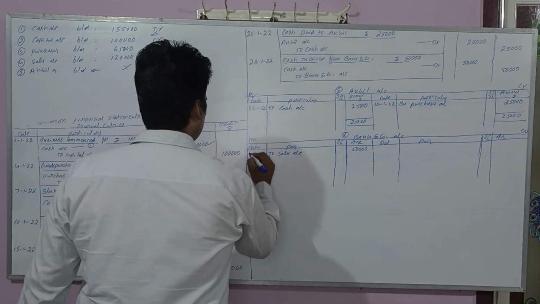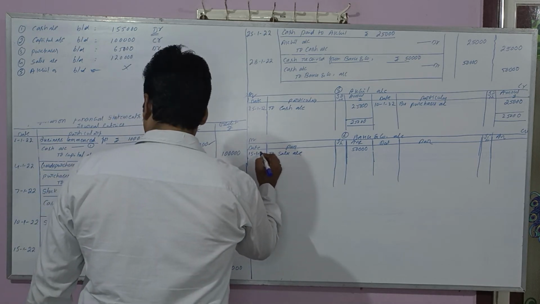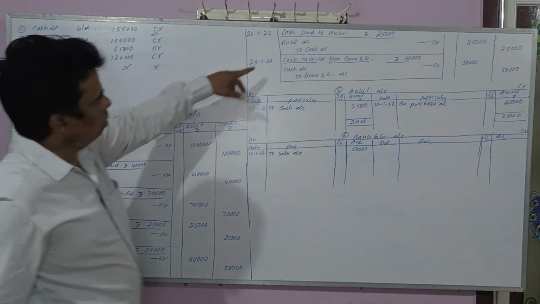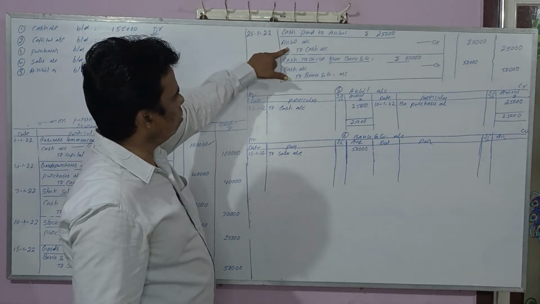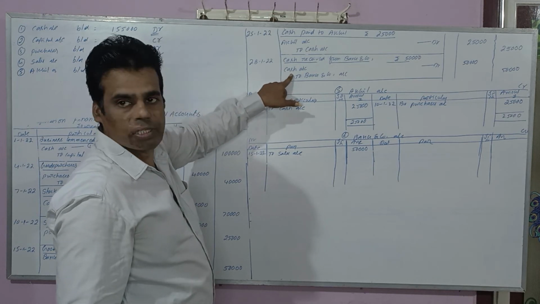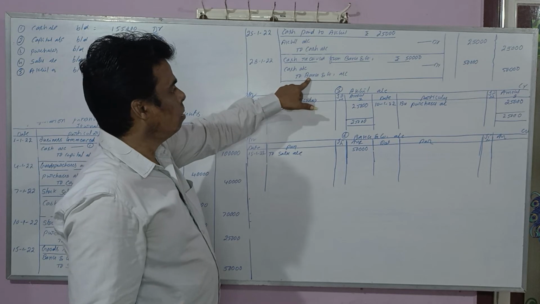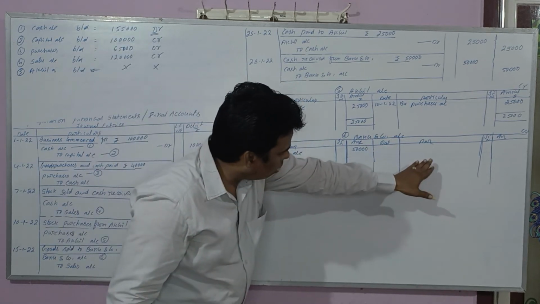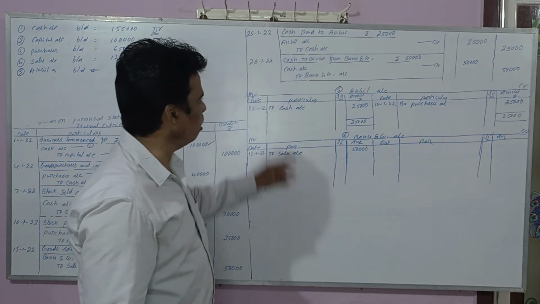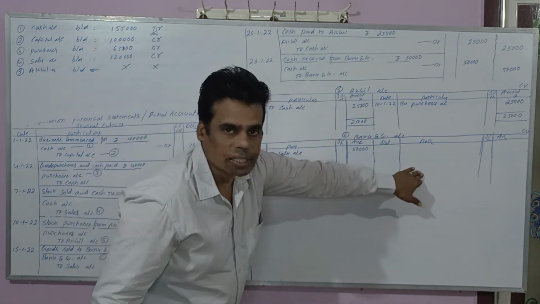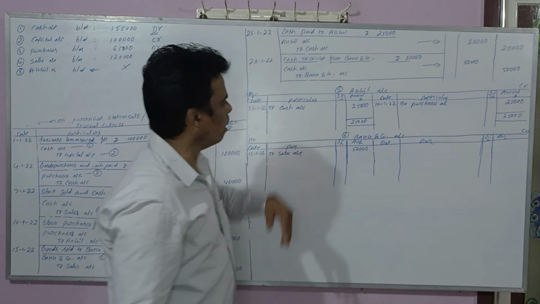Date is 15/1/22. Next entry there is no Bonu, but last entry Bonu account is there. Bonu account is placed at credit, that's why we enter into credit side. This entry is entered into credit side as by cash account.